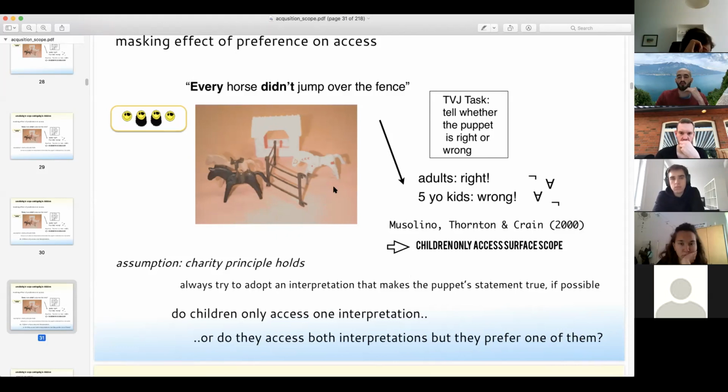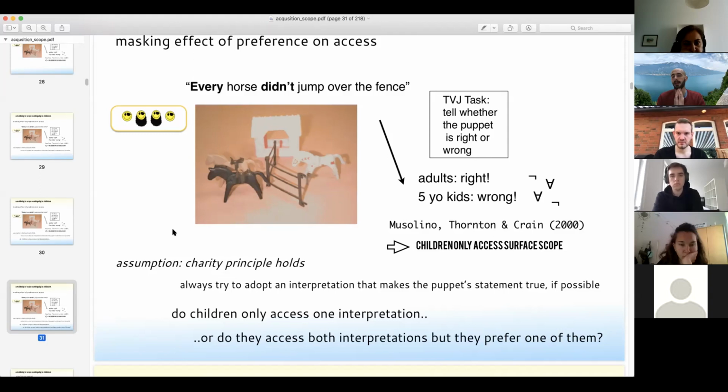Now, I already gave you the solution to this question, but I'm going to ask you anyway. Do you think that there could be another reason why children always say that the puppet is wrong? Why children always reject the inverse scope interpretation?